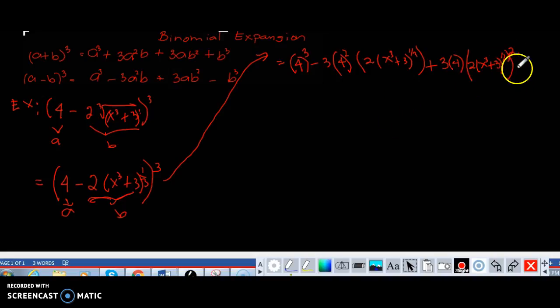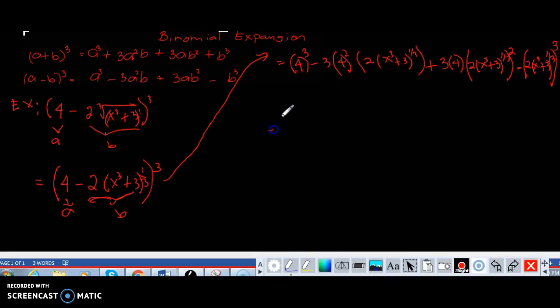Then minus b cubed. So that will be 2 times x cubed plus 3 to the power of 1/3, to the power of 3. This is a challenge. Whew.